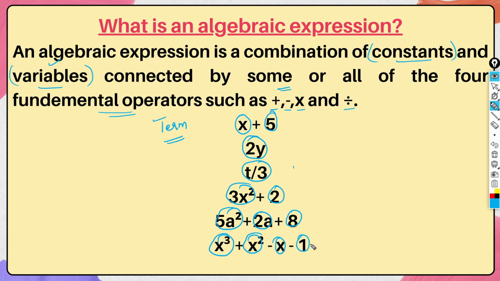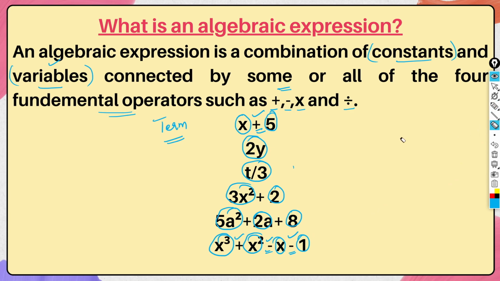That means terms are part of algebraic expressions which are separated by arithmetic operators like addition as well as subtraction. So terms are what? Those are variables or constants or combination of both which are separated by addition and subtraction in an algebraic expression.